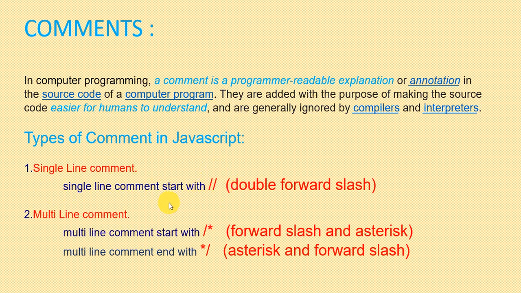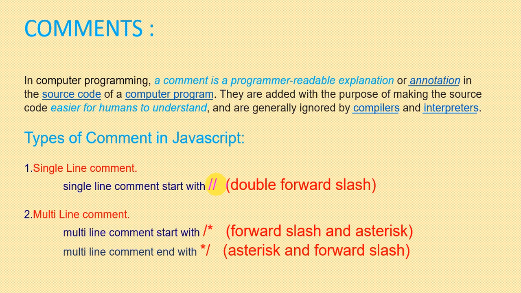And if you want to write a multi-line comment, it starts from the first line and ends after the last word of the last line. So you write forward slash and asterisk at the start, and at the end asterisk and forward slash. A comment is any word you can write on your own.